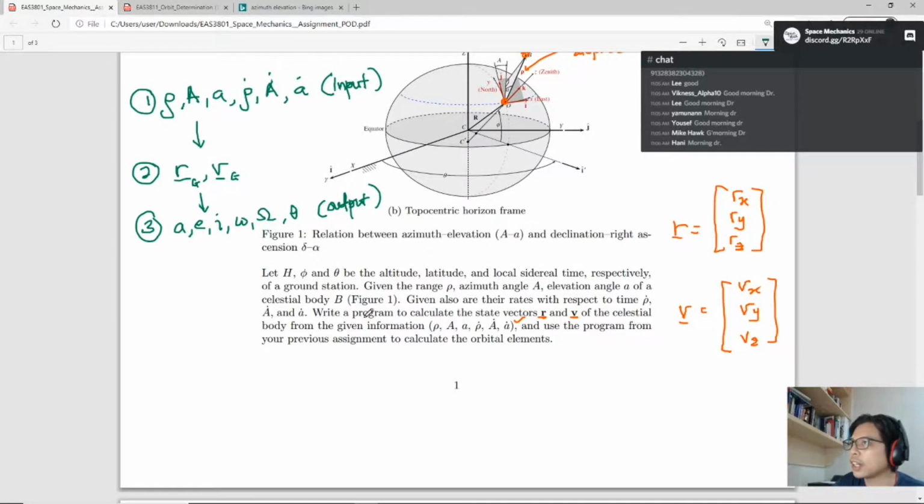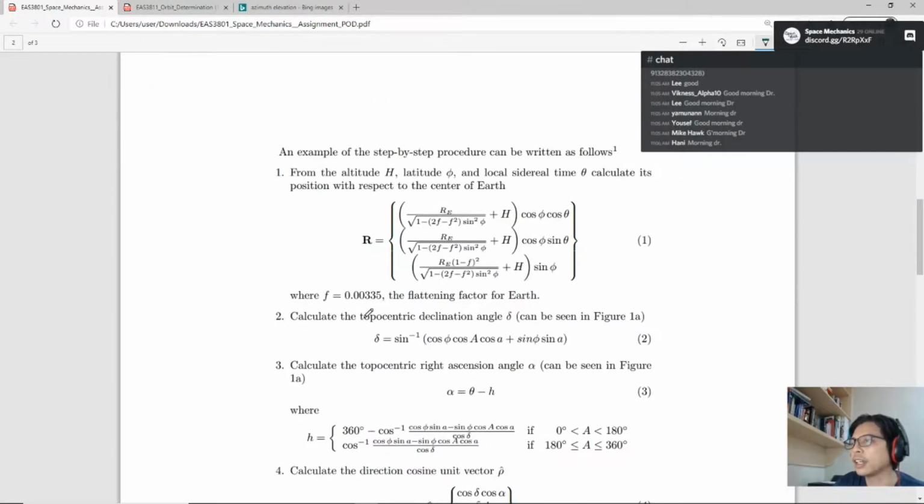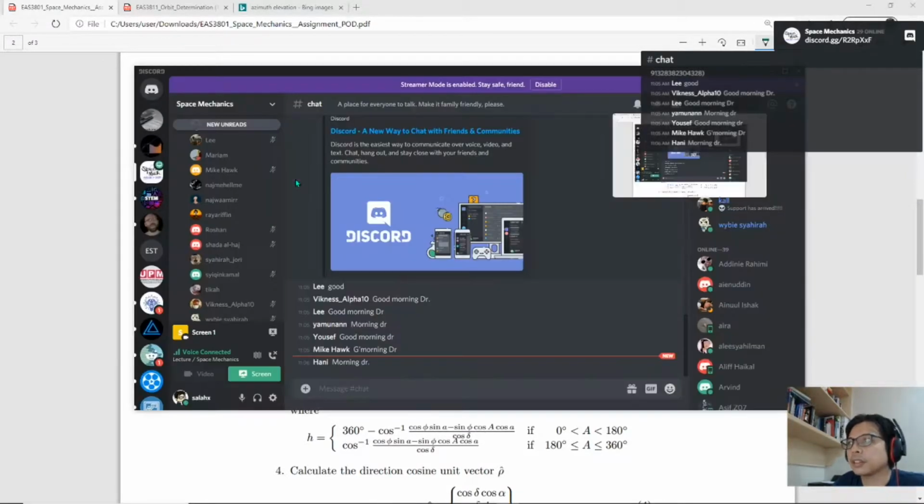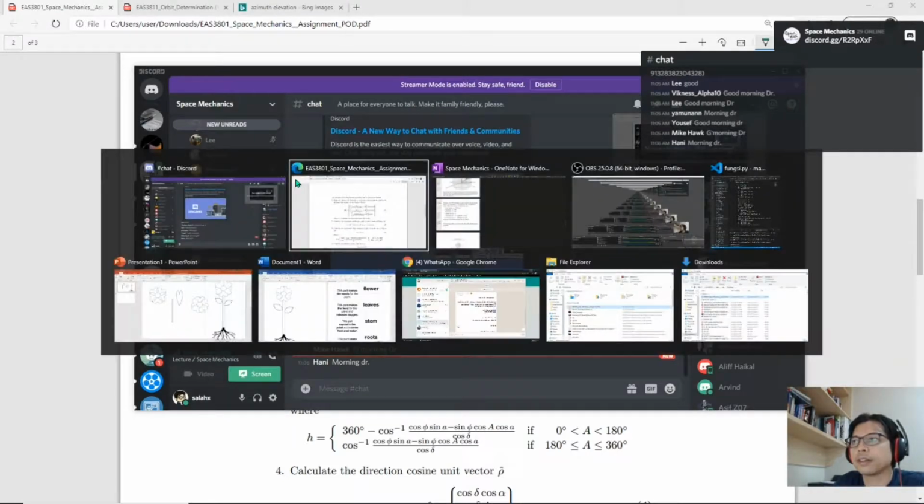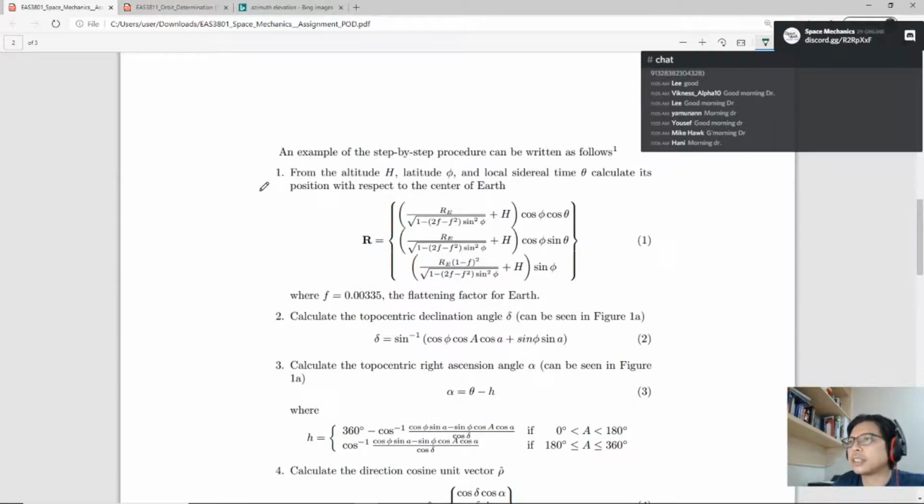Don't worry, I have already listed the step-by-step procedure, but I wrote it in terms of formulas like this. So let's see how many things we're doing. Is there a question? I hear some noise. Let's see how many equations we need to deal with.